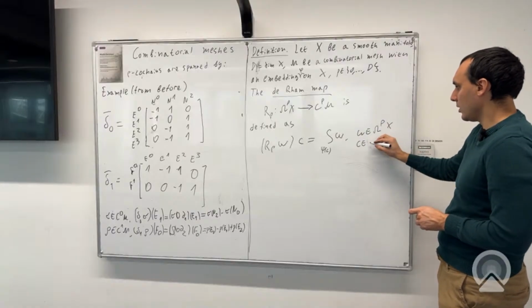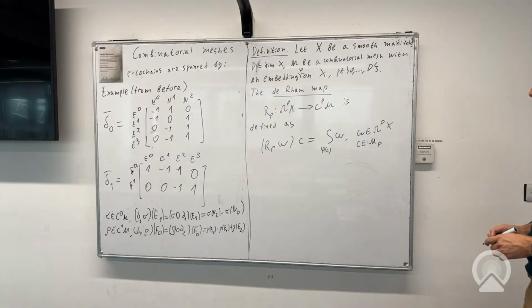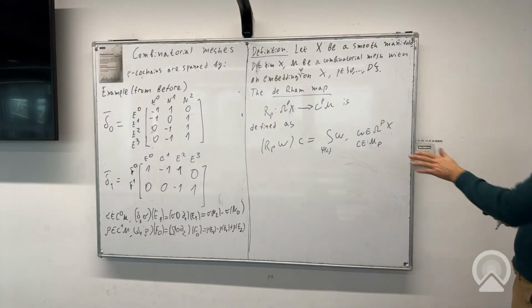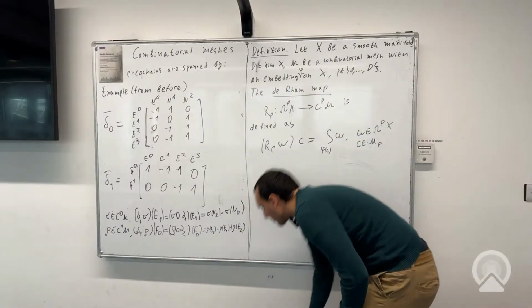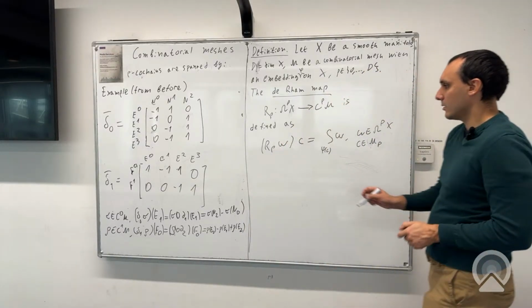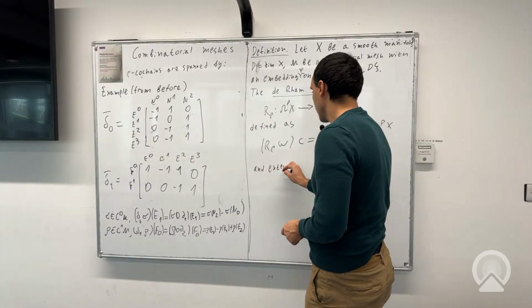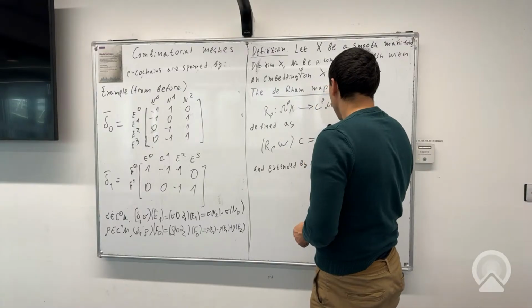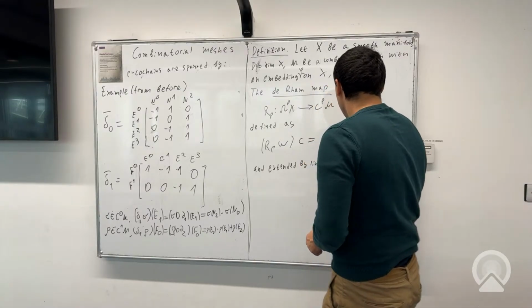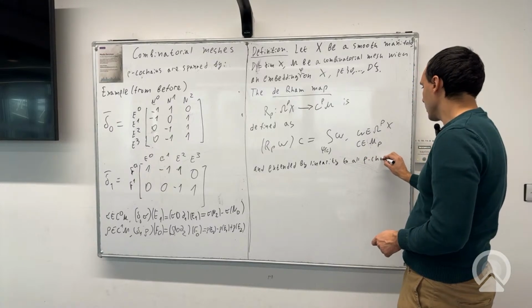This is in M_p. This is for basis chains. It can be extended by linearity to all p-chains.